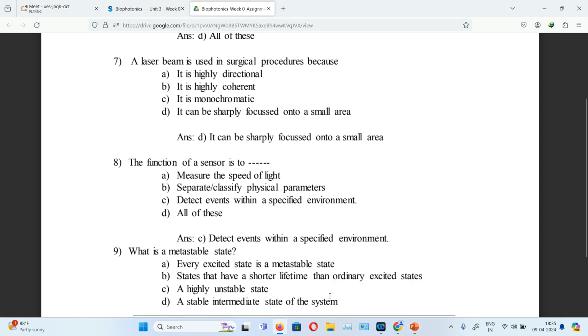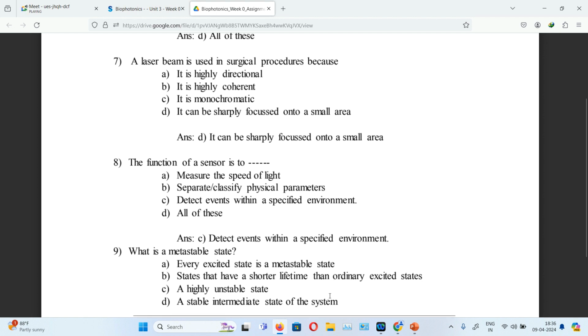No. Because if atoms obtain the corresponding particular wavelength or energy, all atoms can go into an excited state. Can all excited states be called metastable states? No. Some have a shorter lifetime than an ordinary excited state. So what does a shorter lifetime mean? It will immediately go there and come back.